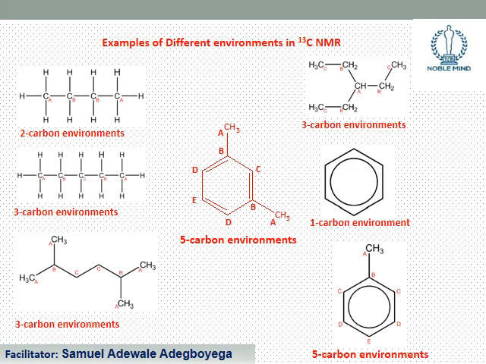Below that, you have a pentane molecule, and based on the judgment we used for the previous molecule, we discover that pentane has 3 carbon environments, and so on. Let's see the one that is very interesting here: the benzene ring.